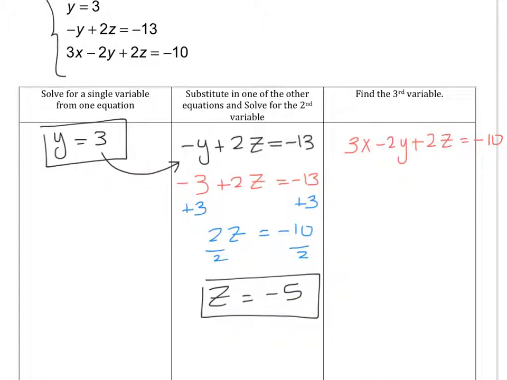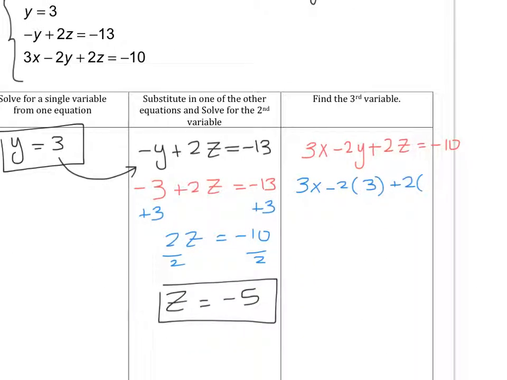So let's plug in the values. 3x minus 2 times 3, plus 2 times negative 5 equals negative 10. So as you can see, the only variable is x in this case. 3x minus 2 times 3 is a 6. 2 times negative 5 is a negative 10. Let's combine these two, and that's going to give me negative 16.